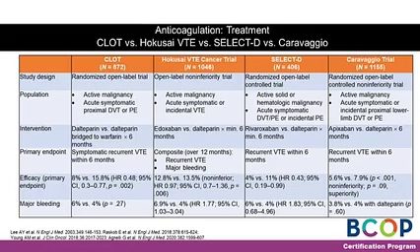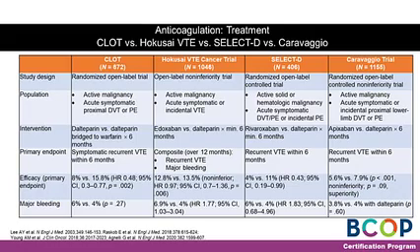The investigators of this trial found that 4% of patients treated with rivaroxaban experienced a recurrent VTE, as compared to 11% in the dalteparin arm. Rates of major bleeding were approximately 6% in the rivaroxaban group, and again 4% in the dalteparin group, and this was not statistically significant.